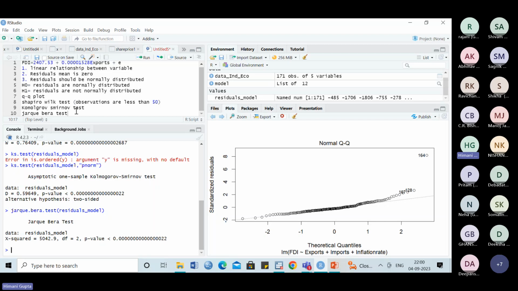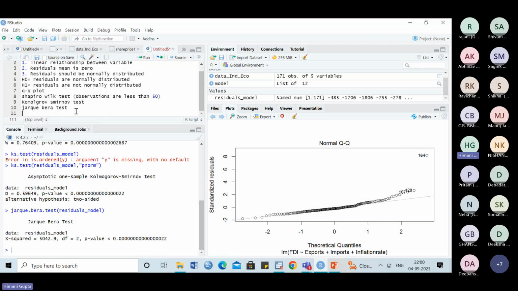Now, next assumption, your fourth assumption. The fourth assumption says that the error term should not be correlated, or you can say there should not be autocorrelation.